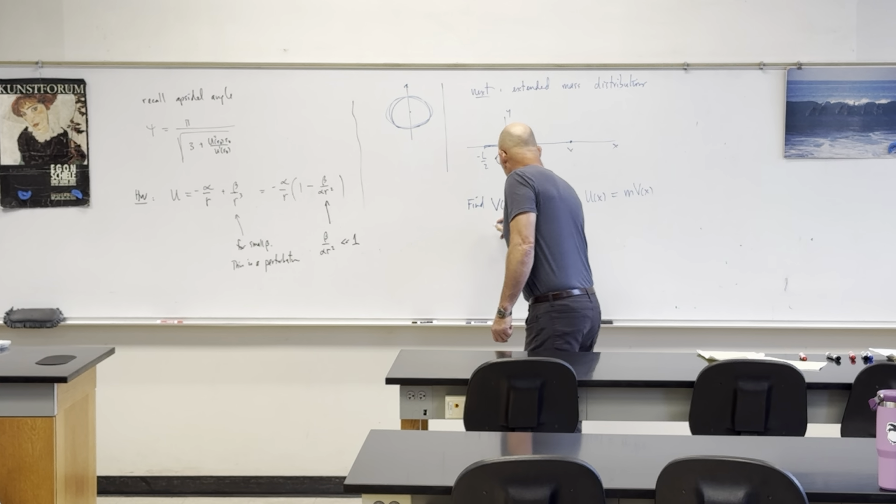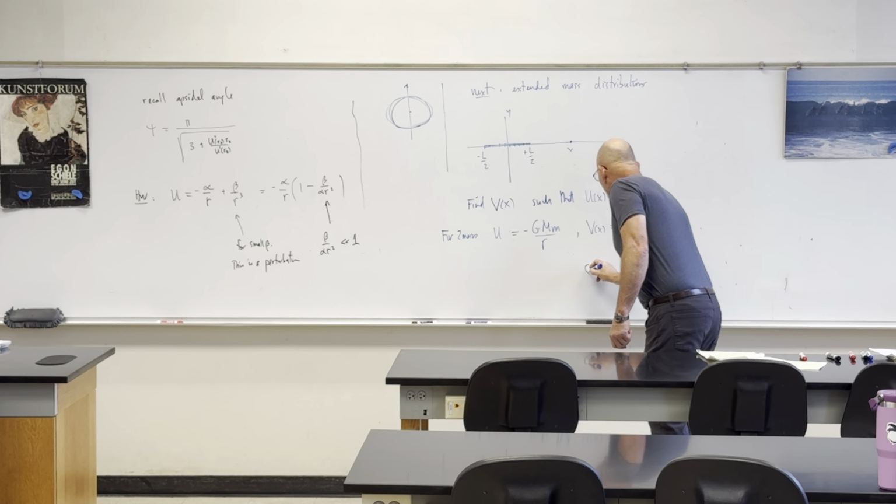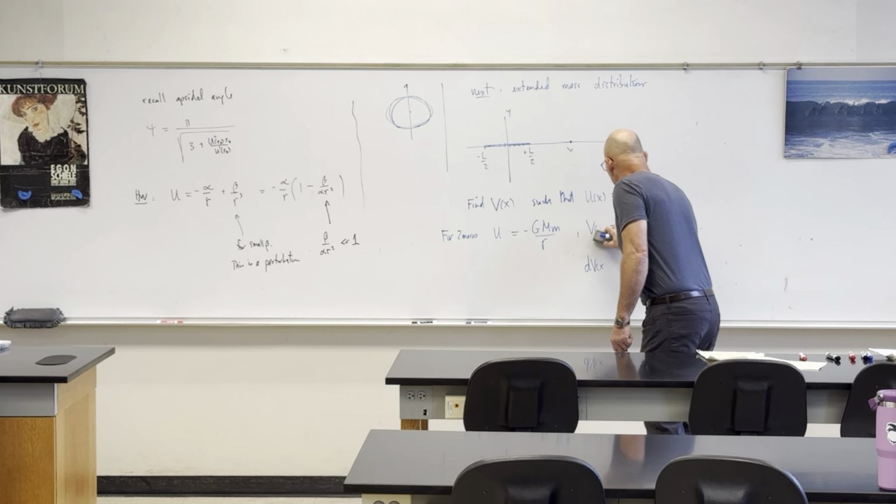So now we're going to integrate something up here. And we'll have v of x is minus G M over R, and dV of x is now going to be minus G dm over x, and we're going to do an integration.